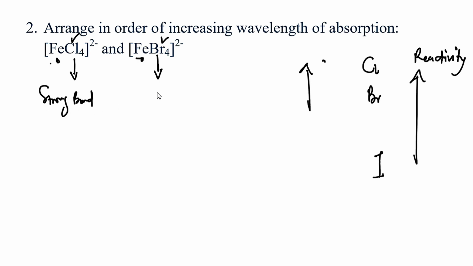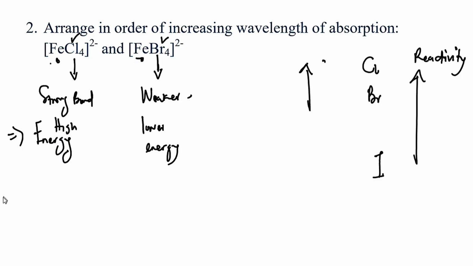This is a stronger bond than this, right? And this is a weaker bond. The stronger bond will require a greater amount of energy to break, high energy, while the weaker one will require lower energy to break the bond. Because energy is inversely proportional to wavelength, the stronger bond will have a lower wavelength, compared to the weaker bond that has a higher wavelength, right?